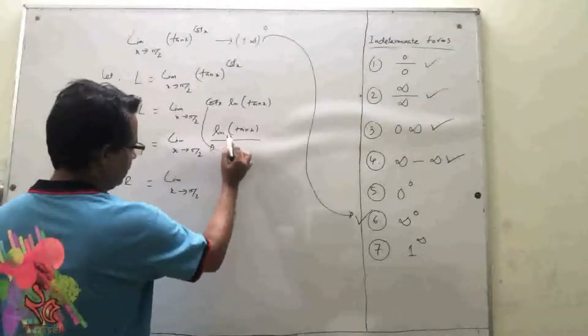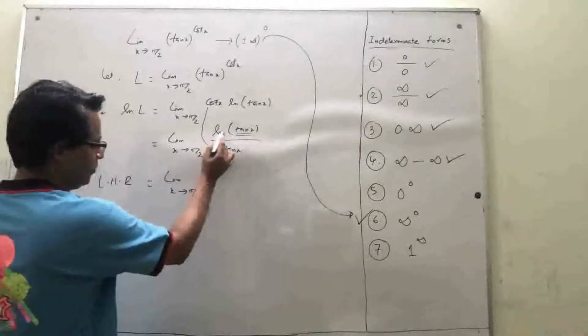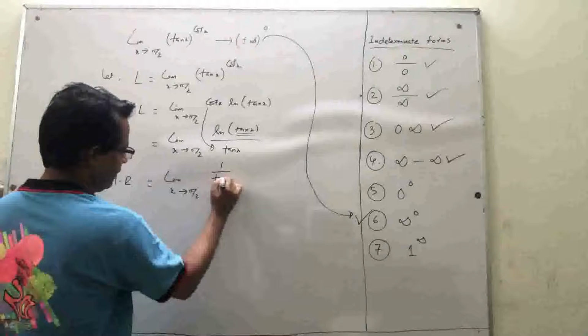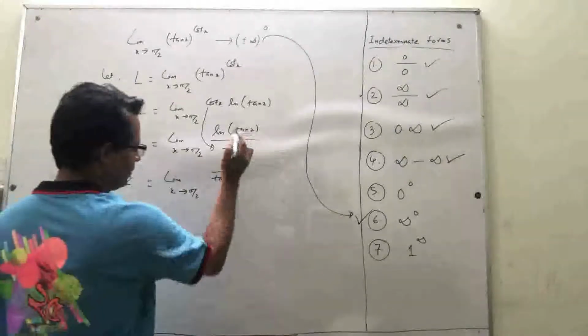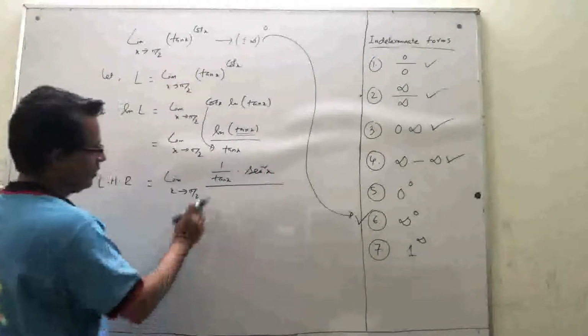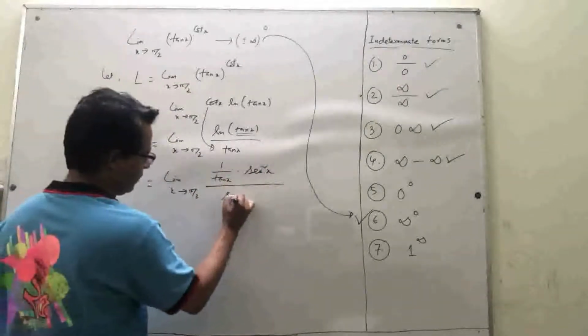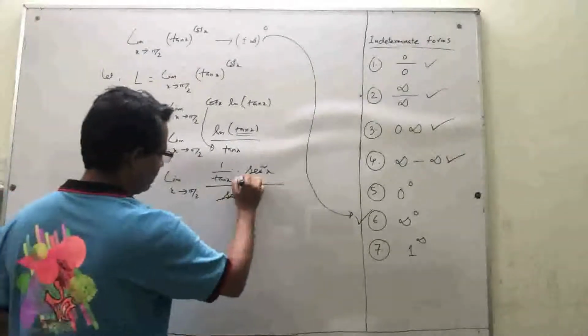First of all, it can be treated as x: differentiation of ln x is 1 by x, into again differentiation of tan x, sec square x, divided by differentiation of tan x, sec square x. So sec square x can be reduced.